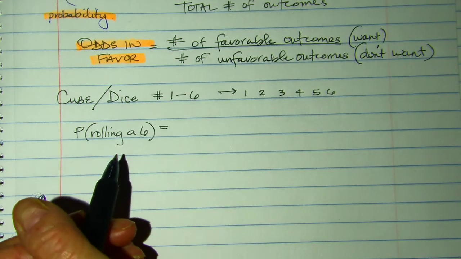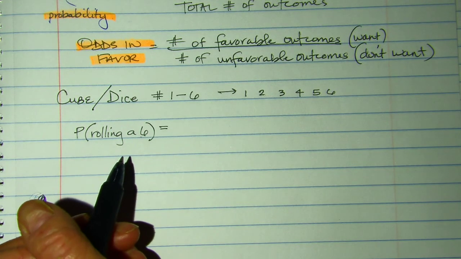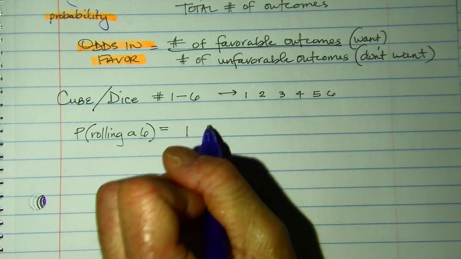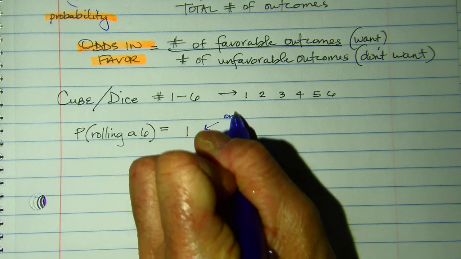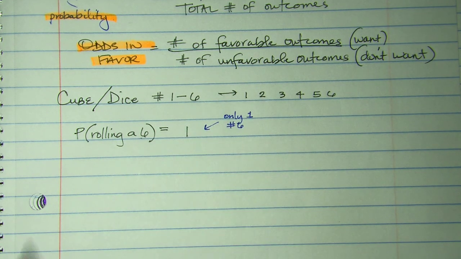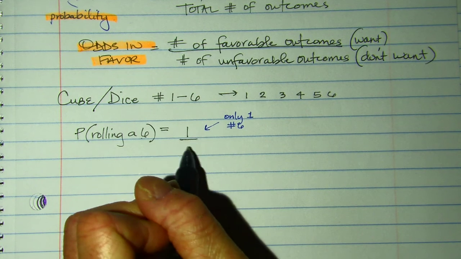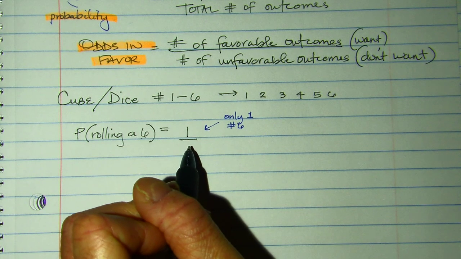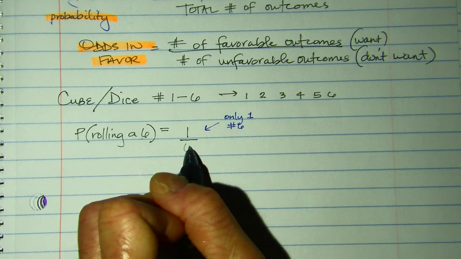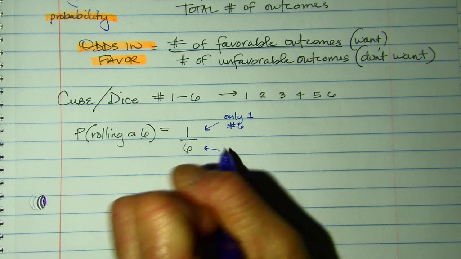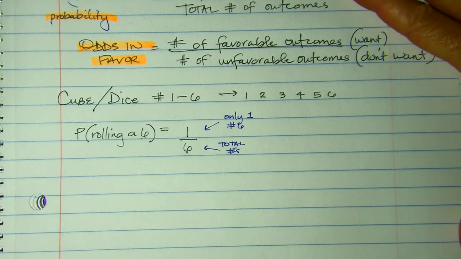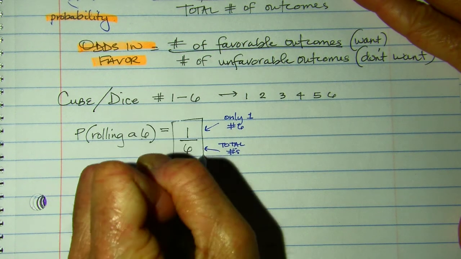So the probability that if I roll the die it lands on a 6: there is only one 6. The bottom number in probability should be the total numbers on the dice. There's 1, 2, 3, 4, 5, 6. So the bottom number is the total numbers. The probability of rolling a 6 is 1 out of 6.